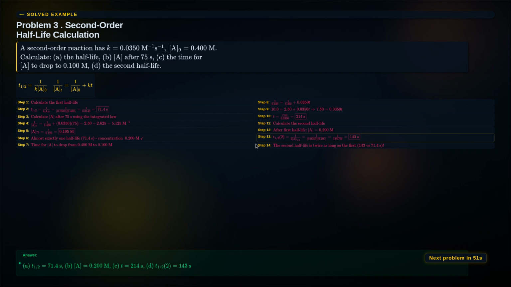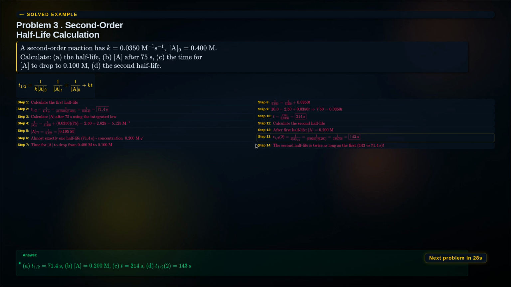Step 4. Calculate the second half-life. After one half-life, concentration is 0.200 molar. Second half-life equals 1 over 0.0350 times 0.200, which equals 1 over 0.00700, giving 143 seconds.